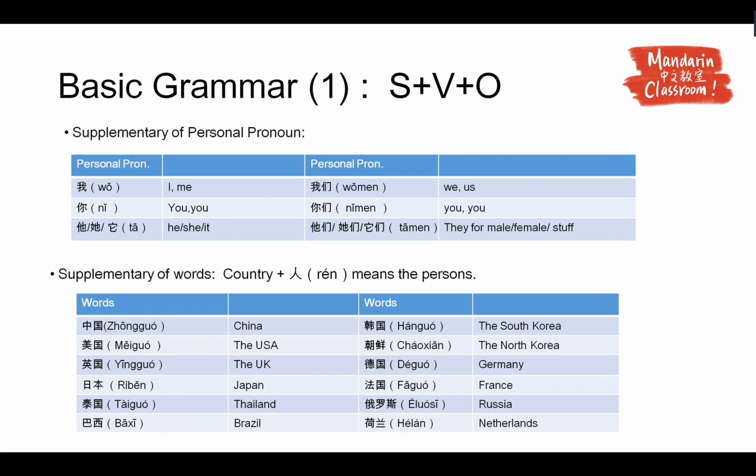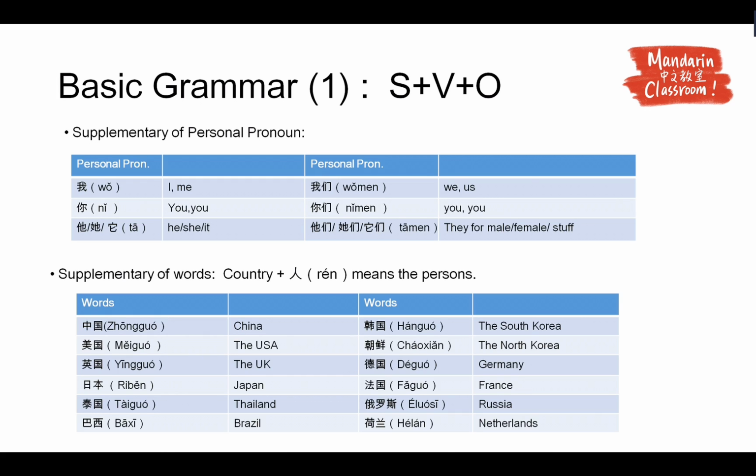Like 我, it could be I, and also could be me. And the same with the others, like 你. And for the third person we have 3 words like English, like 他. But they have the same pronunciations, only different characters, so it's easy to speak and remember. Okay.